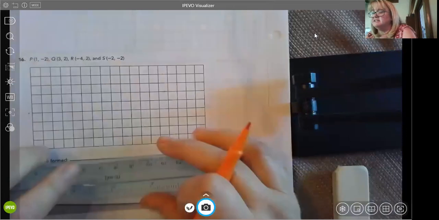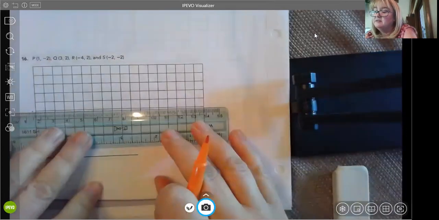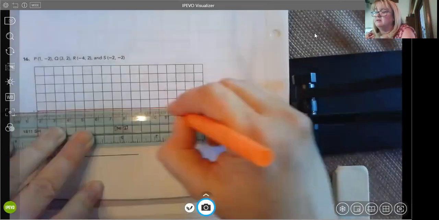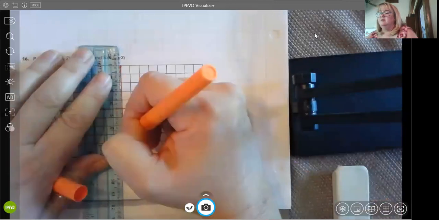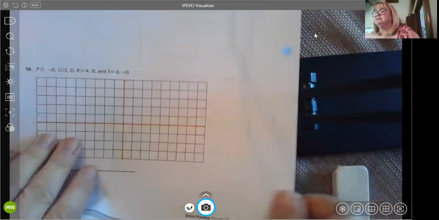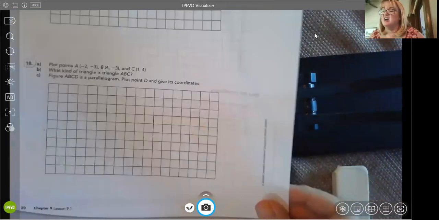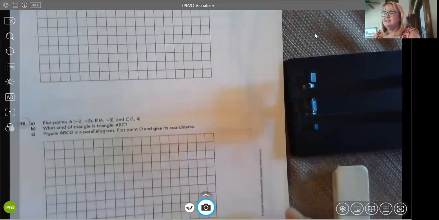The X and Y axis can go in the middle of this one. You get a lot of practice plotting points. All right, 17 and 18. 17 is a 3-parter. Let's do 18.